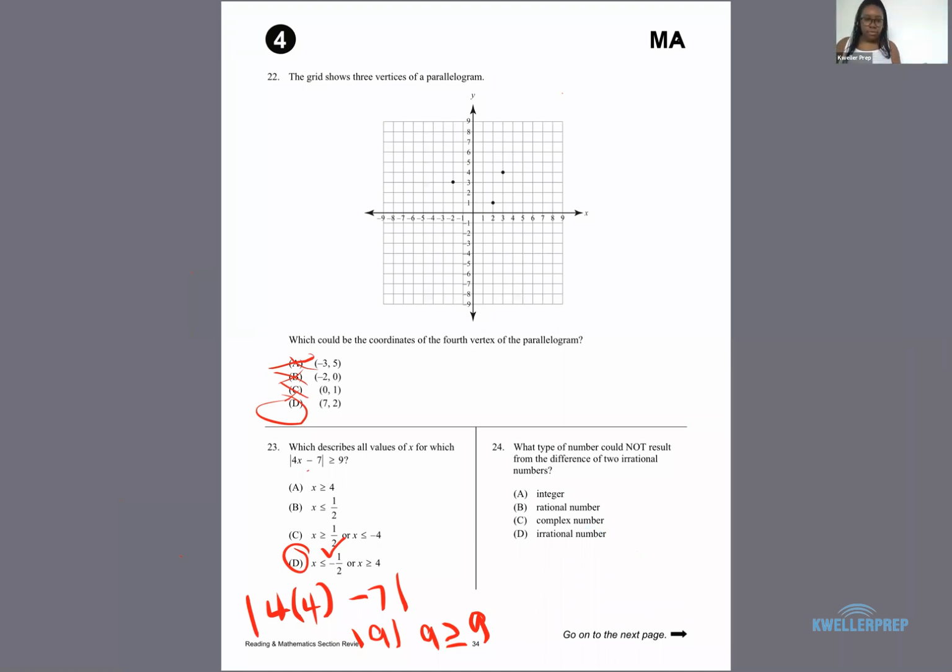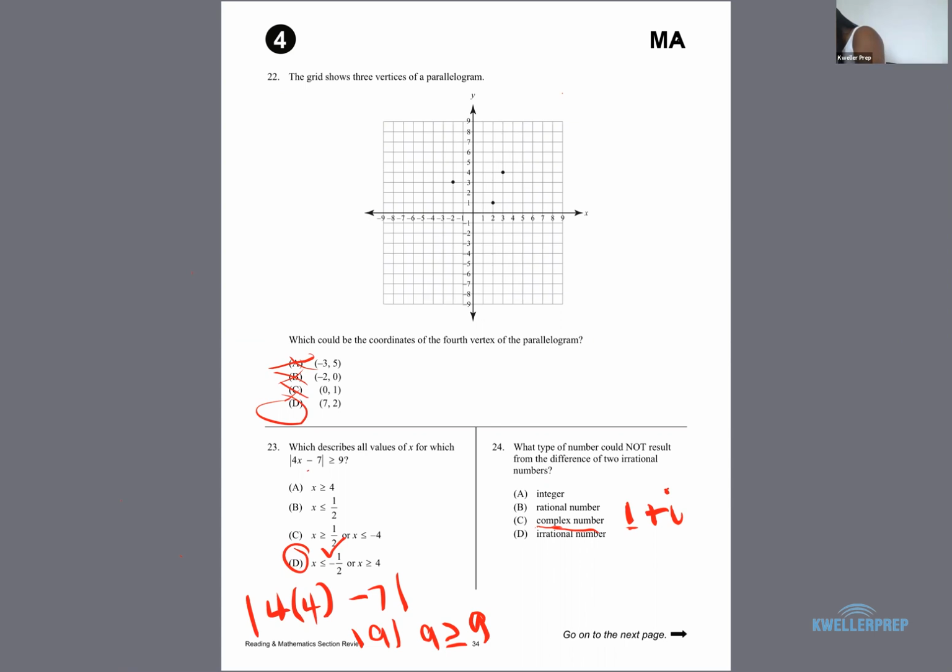Complex number, when you look at what a complex number is, it's formed by two parts. It has a real part. A real number is any number on the number line. So it has, say, for example, 1 plus I, which is a complex number because it has a real part.